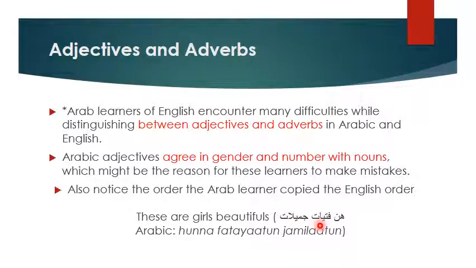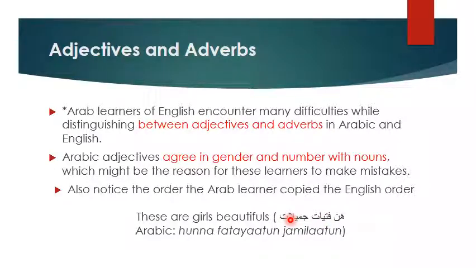They agree in number and in gender. The number is plural, the gender is feminine. What if it is singular? I would say فتاة جميلة. If it is dual number, dual feminine, I would say فتاتان جميلتان, right? So as you see here, there is a kind of match between the noun and the adjective in Arabic.